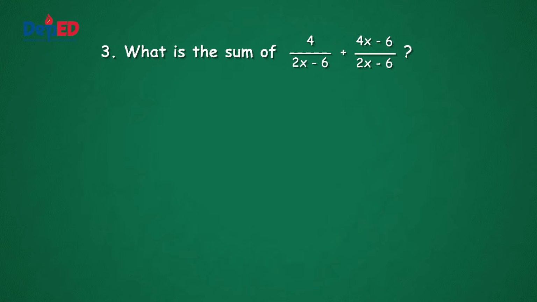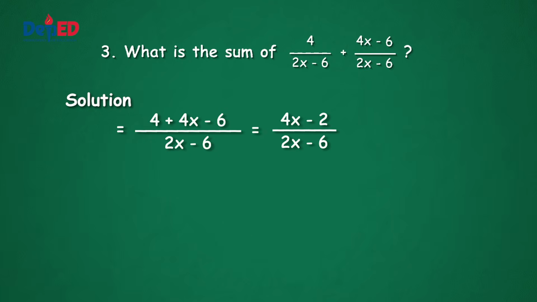What is the sum of the expressions 4 all over 2x minus 6 and 4x minus 6 all over 2x minus 6? They are similar rational expressions, so we can have 4x minus 2 all over 2x minus 6.